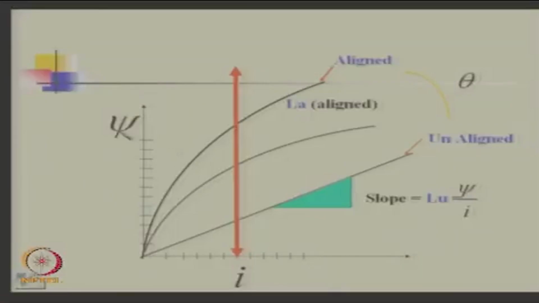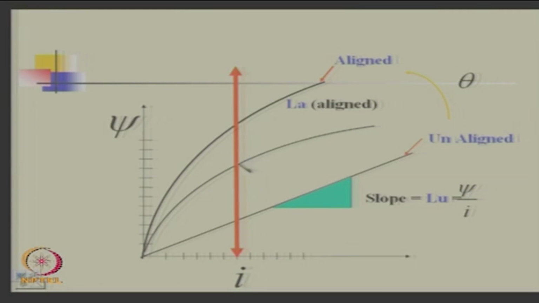So, we have seen that the flux linkage psi or lambda will be a function of current. For a fixed current, as shown by this arrow, there will be the unaligned inductance LU and the aligned inductance LA, as theta changes.